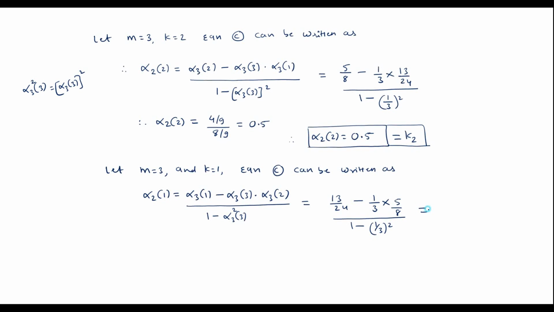So simplifying this, whole divided by 8 by 9, simplifying this we will get 3 by 8.